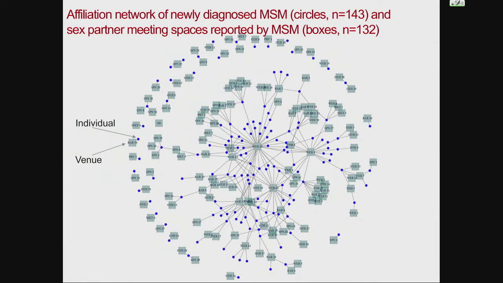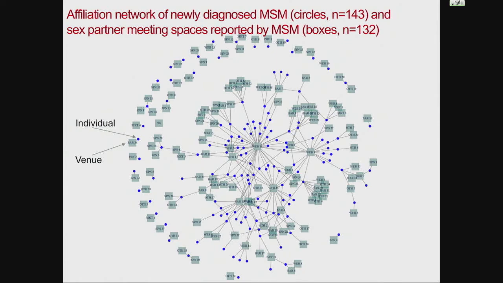What you can see here is a very large component in the middle, and then along the periphery, these dyads or triads where two individuals reported, this is a park or a neighborhood, 32. This is just reported by one person. And you start to see how the venues or the spaces start to be connected to one another, and you also start to see those that are more highly reported.